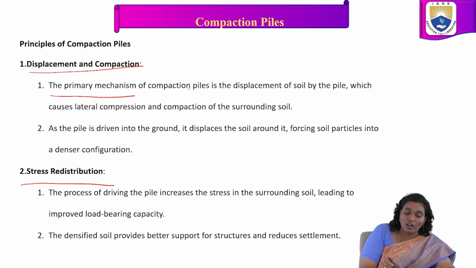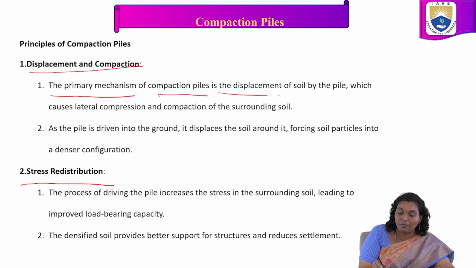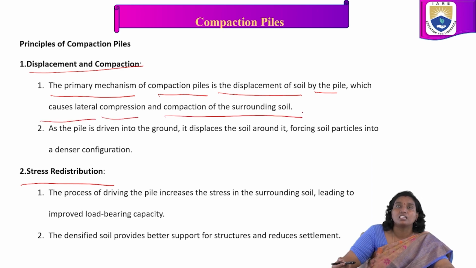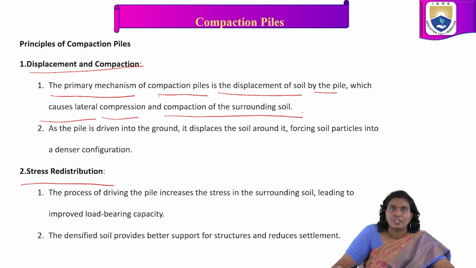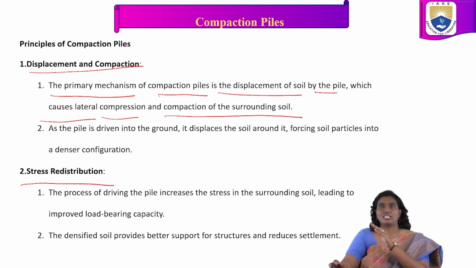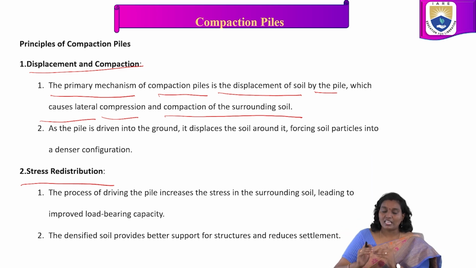The primary mechanism of compaction piles is displacement of soil by the pile, which causes lateral compression and compaction of the surrounding soil. This is the prime mechanism of compaction piles.